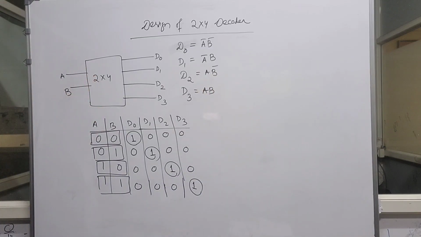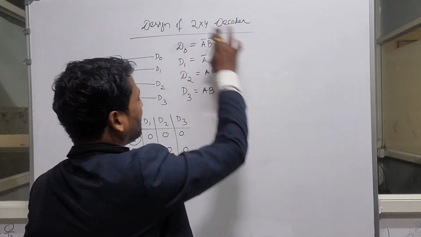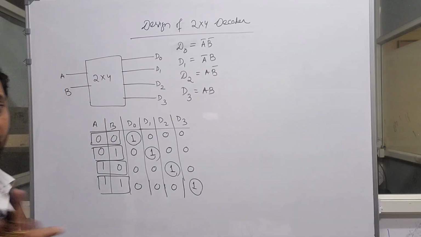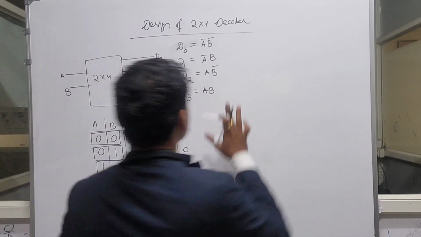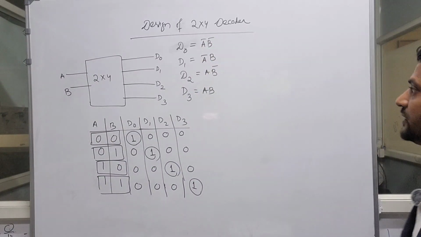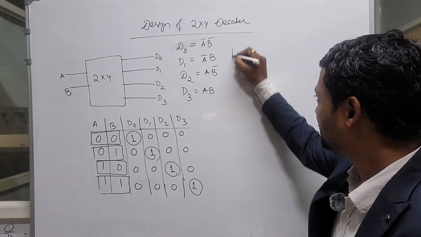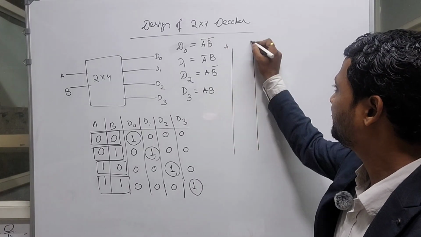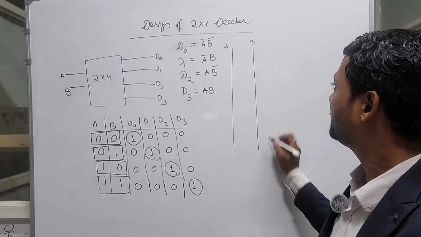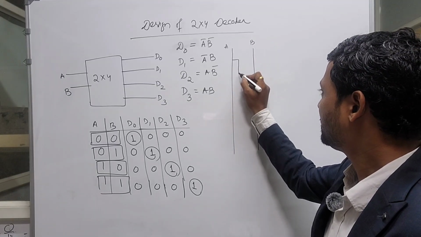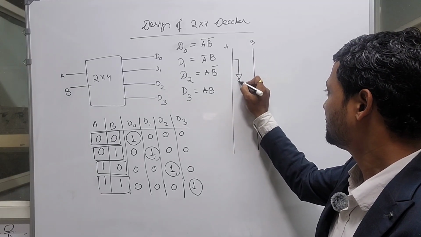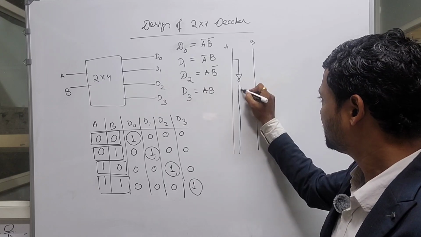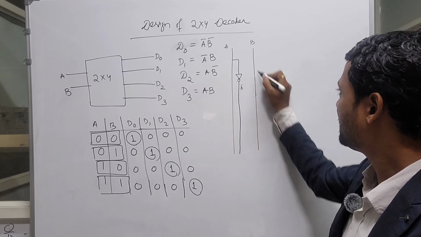So now the point is, by taking that output equation, we can design a 2 into 4 decoder circuit. So we need two inputs. See, we have two inputs here, A and B. If I take one NOT gate here, after the NOT gate this point will be A bar or A dash.